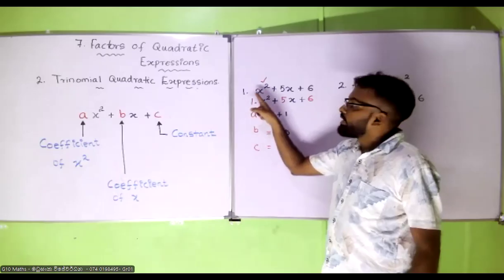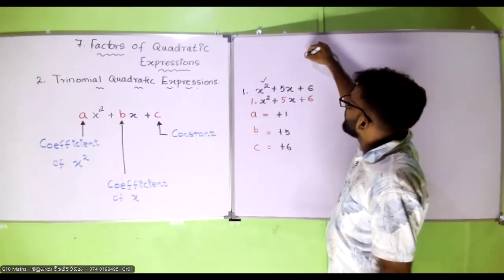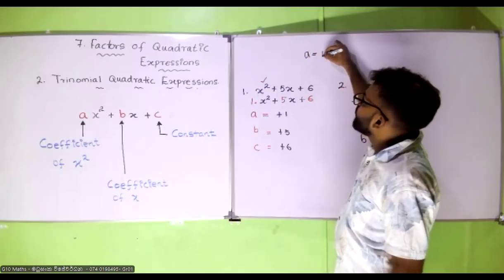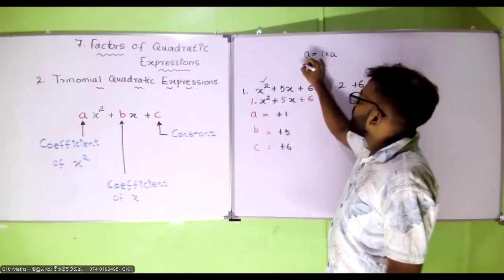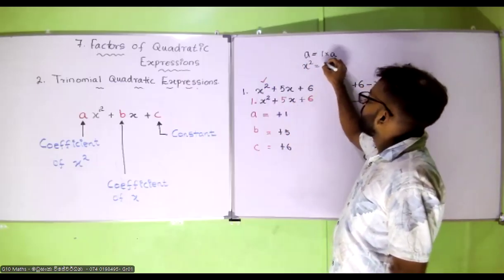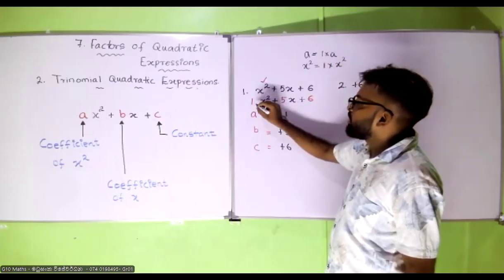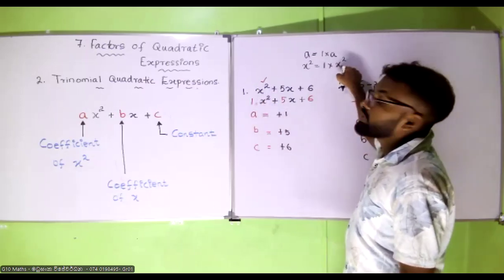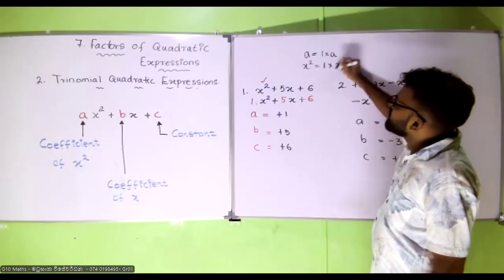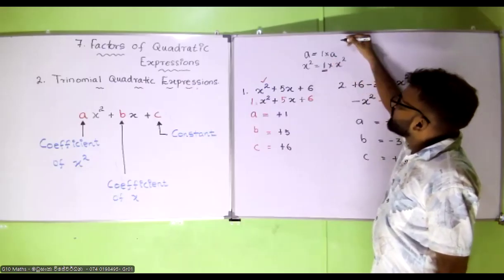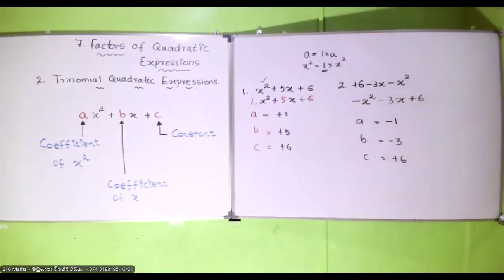Because I told you earlier, if you are writing something, this A can be written as 1 times A, no? So this x squared can be written as 1 times x squared. The dot means multiply. So the coefficient of x squared is positive 1. Clear? Understood, sir. Right.